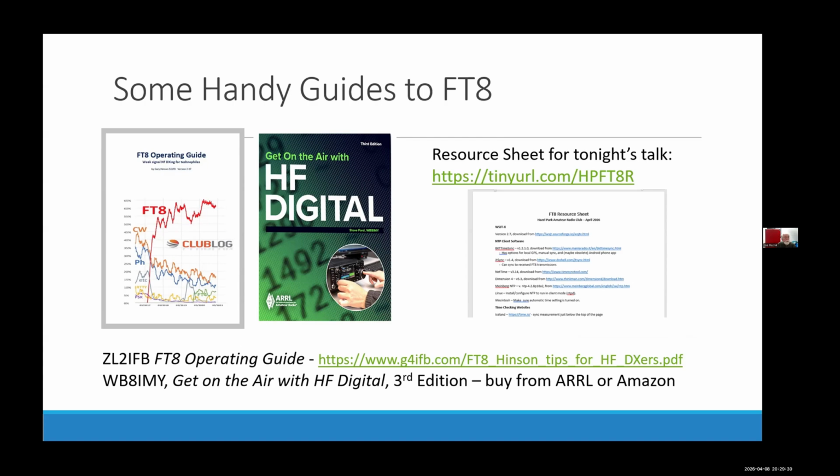But at any rate, that's been the go-to guide for years for working FT8, and it goes over all the things I've just mentioned and a lot more. It's very practical. There's an ARRL book called Getting on the Air with HF Digital, and it's in its 3rd edition, and it includes a lot of information about FT8, but also other digital modes.